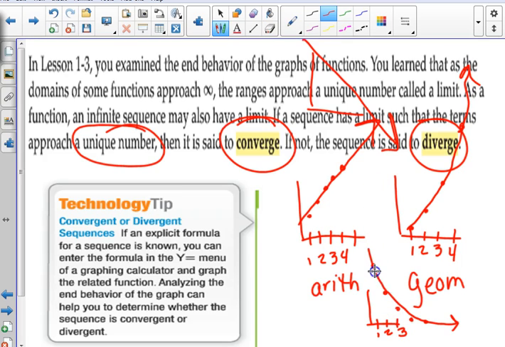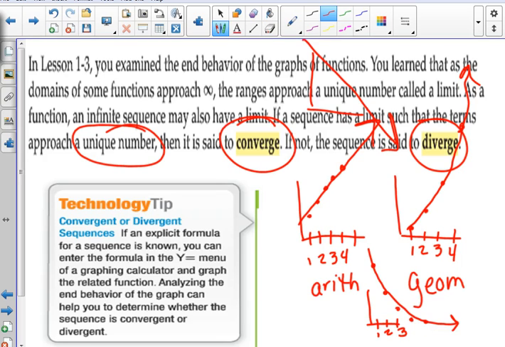This one, if you're taking half and half again and half again and half again, is it going to ever become negative if it started out positive? No. It's just going to get smaller and smaller until it approaches 0.